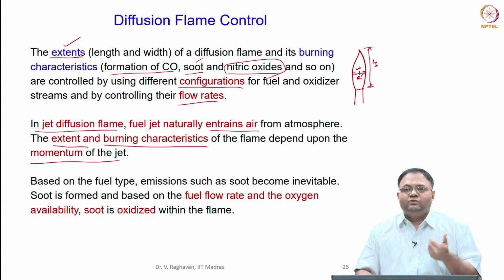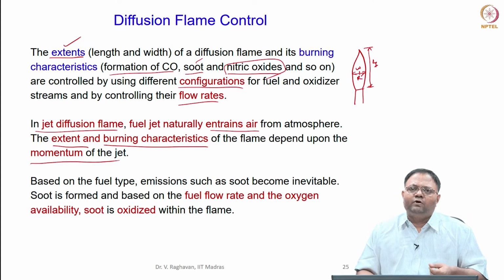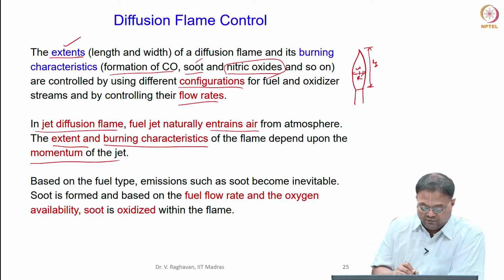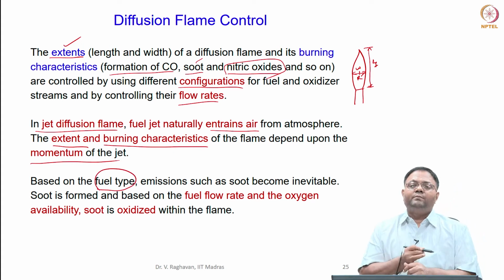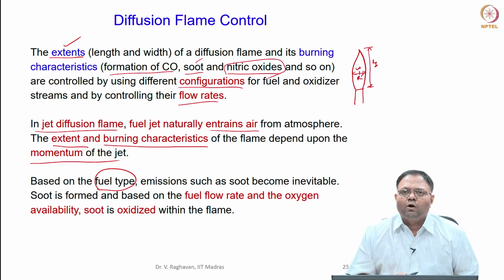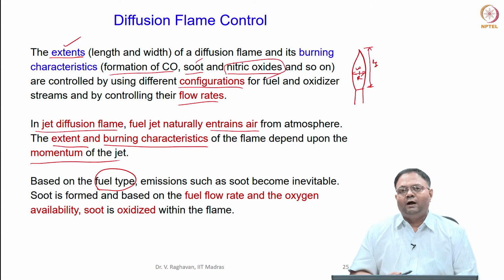So what to do for that? That is, adding some amount of diluents to the fuel stream, or adding some primary air. These are the techniques which we will use. Why we use them, we will come to that. Based upon the fuel type, and I again stress the fuel type, every fuel is not so bad. For example, methane is a very nicely burning fuel because it has only one carbon atom and 4 hydrogen atoms.